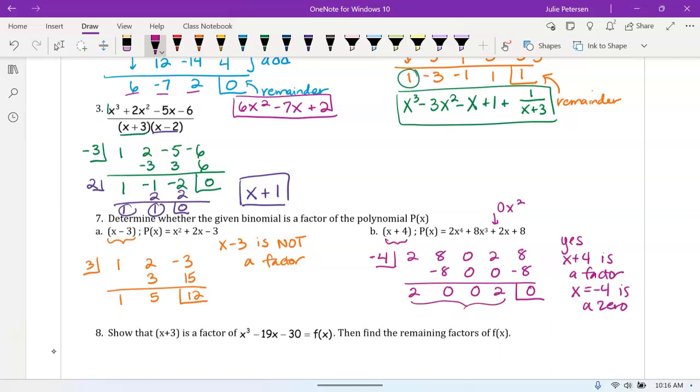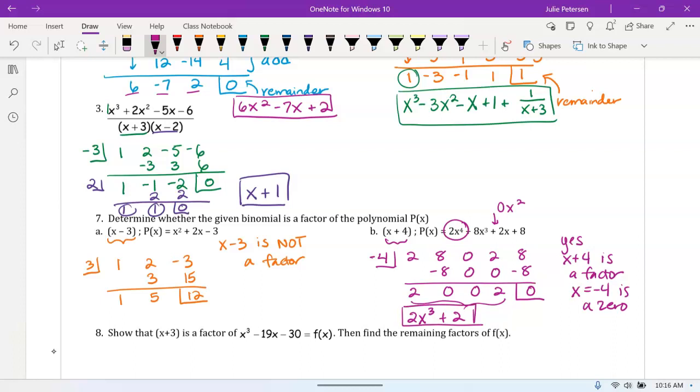And remember that whatever degree we started with, 2x to the fourth, when we do a round of synthetic division, we drop by 1 degree. So this 2 then represents how many x cubed we have. We have no x squareds, no x's, and then this last one is always just a constant, a number without the variable. And so this would be our quotient here, if we're looking to represent that.